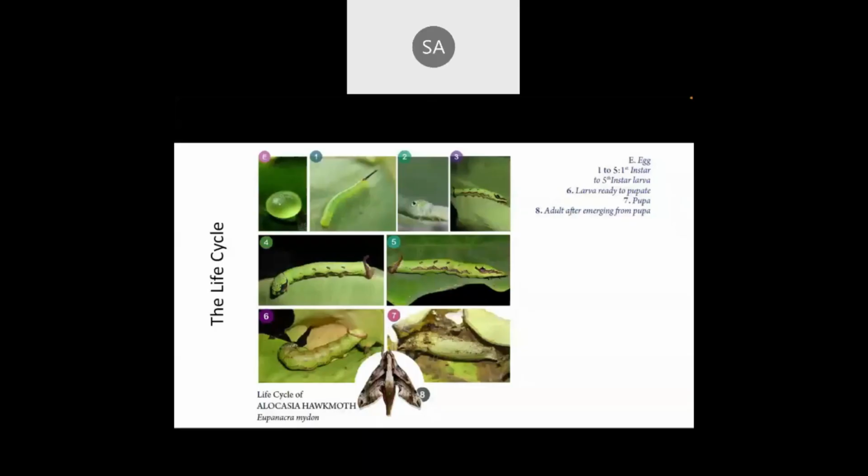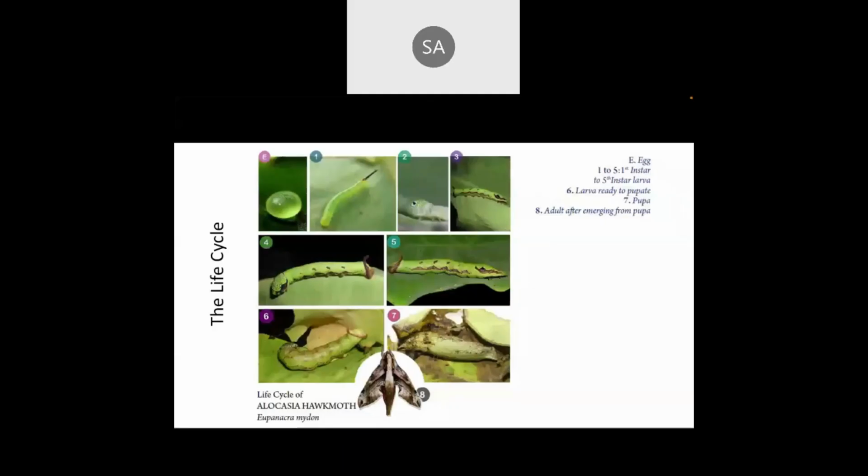And moths have this pupa, which is also called cocoons or silken.